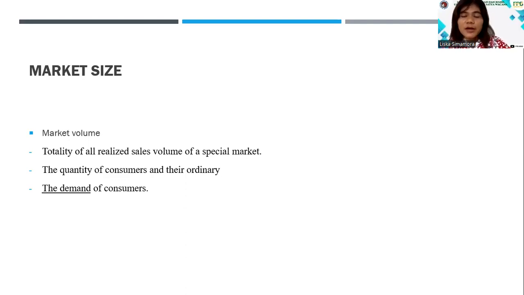So the demand for white jasmine flower is increasing. Let's say the number is 500, so it means you have a market volume of 500 kilograms to be prepared and provided. That is the market volume.